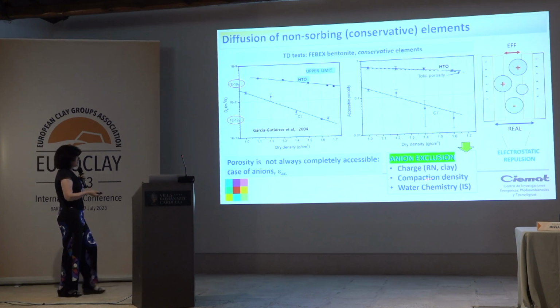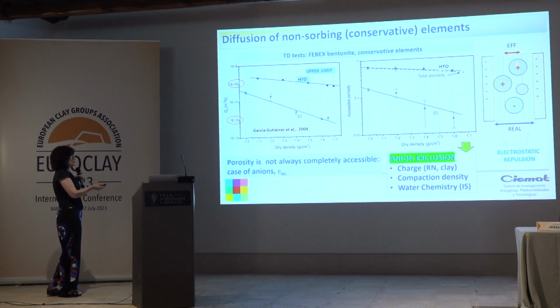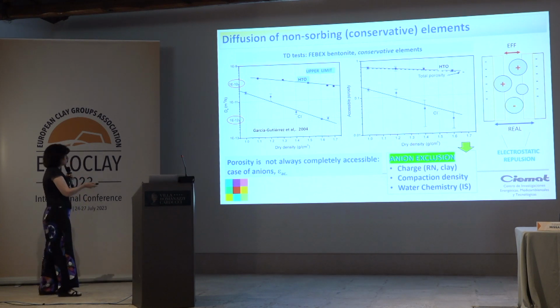This phenomenon is called anion exclusion, which depends on the charge of the radionuclide and the clay, but also on the compaction density and also on the water chemistry. This is due to the fact that the clay is negatively charged, so it produces a double layer in which anions cannot enter. Because of the electrostatic repulsion, they cannot have access to all the pores.